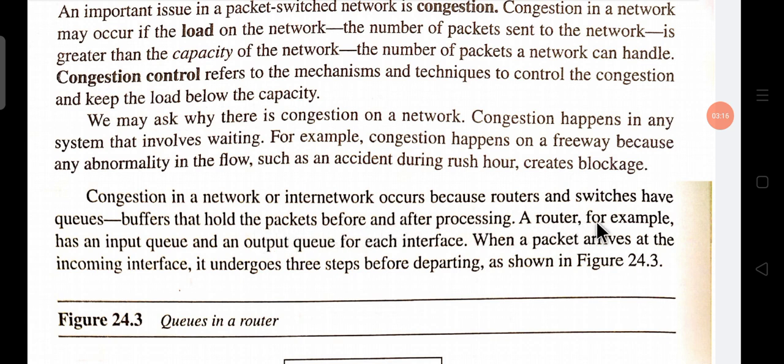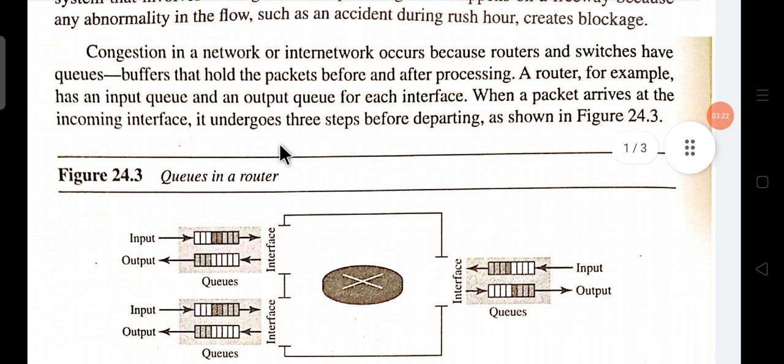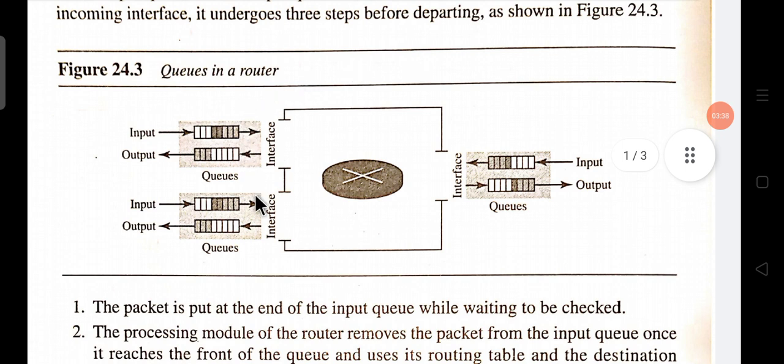that hold the packets before and after processing. A router, for example, has an input queue and an output queue for each interface. When a packet arrives at the incoming interface, it undergoes three steps before departing. Here you see a router queuing example.